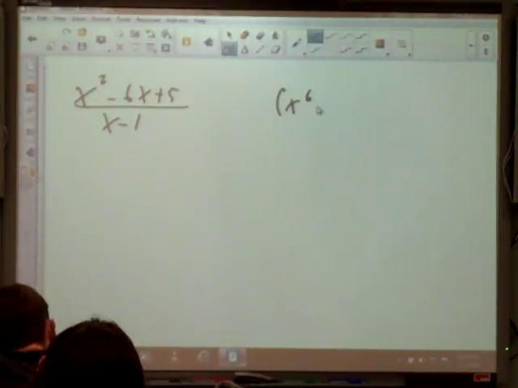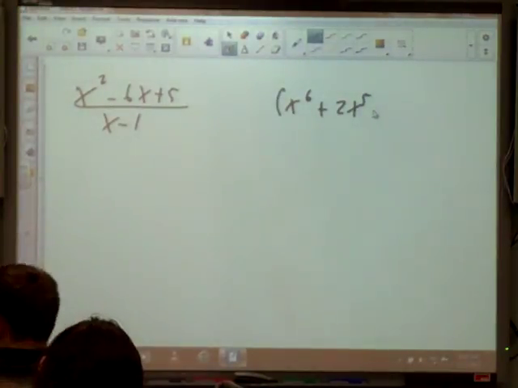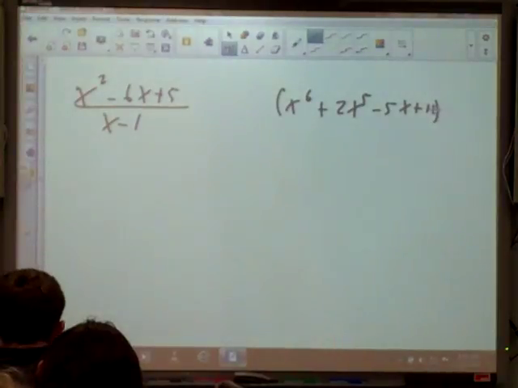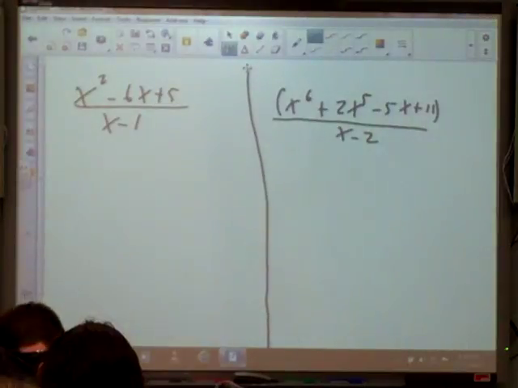X to the 6th plus 2x to the 5th minus 5x plus 11. I don't know why I put that one in parentheses, because I was weird, I guess. Divided by x minus 2. Alright, you got 2 problems to try on your own. Get them going.